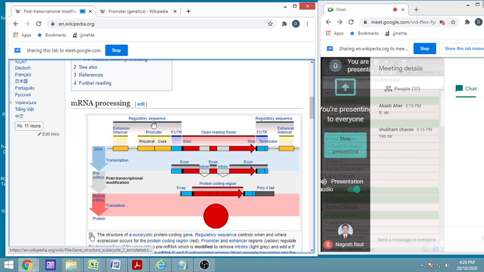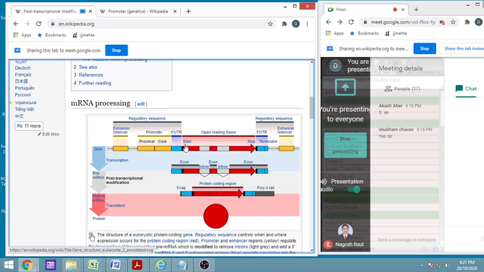Then they will have the sequences, that is the proximal and core promoter places on the DNA, and from there the promotion will take place. Then the next area on the DNA is called the 5' untranscribed region, the region which is not transcribed for anything, that has no important information.